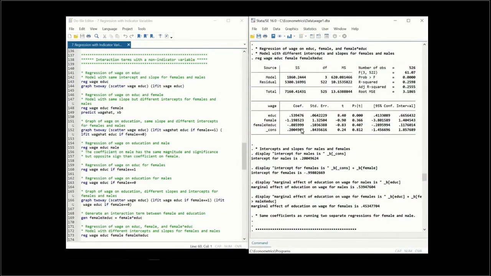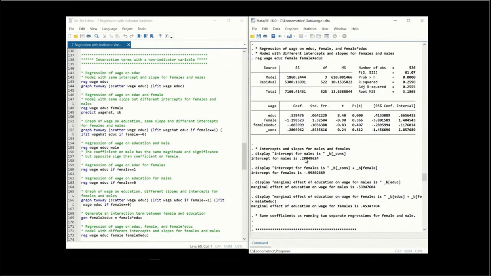So again, we have exactly the same results, whether we use a regression where we include female independently, which allows for different intercepts, or the interaction between female and education, which allows for different slopes. Or the other approach was to estimate wage on education separately for males and females.